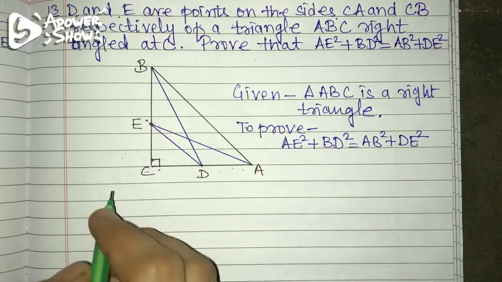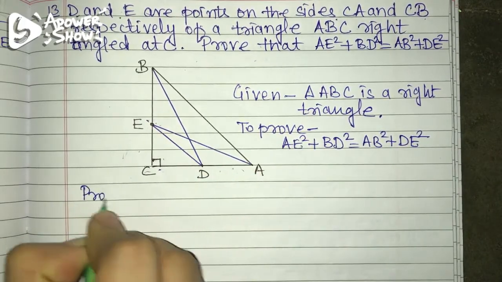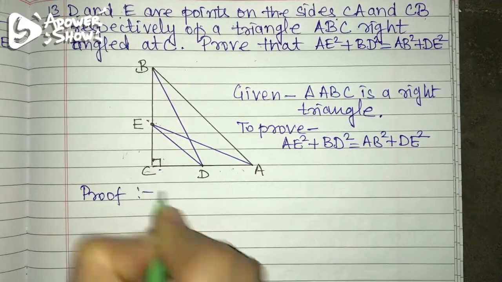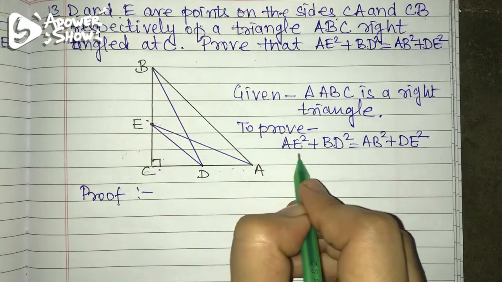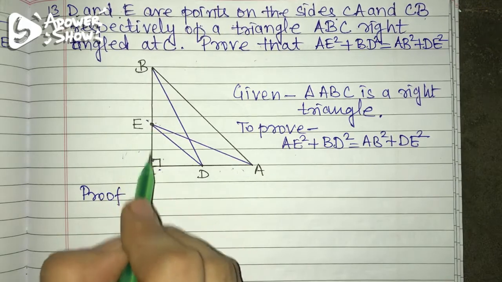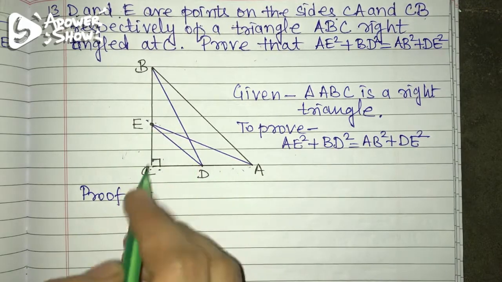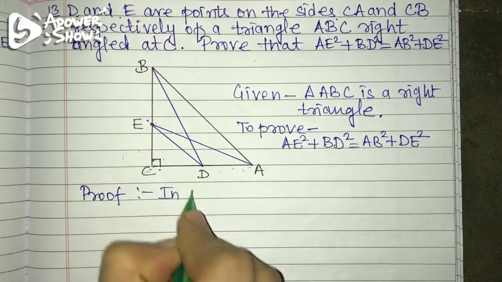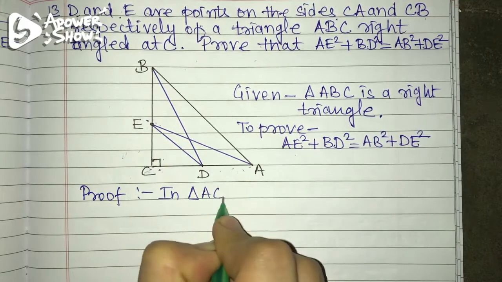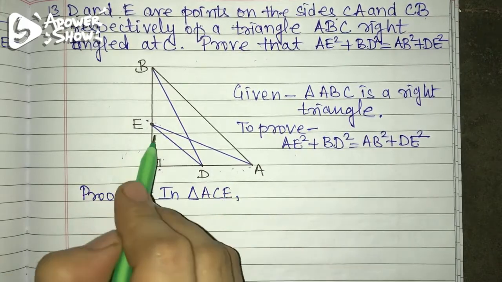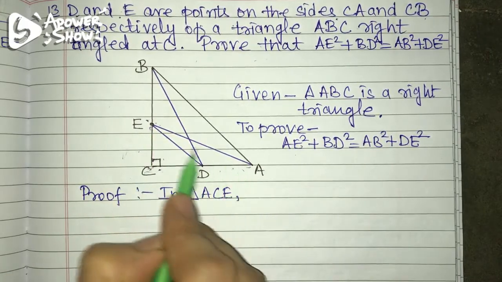So for proving this, I am starting with AE. So just look here, this is a right triangle. In triangle ACE, in this triangle, this AE is the hypotenuse.